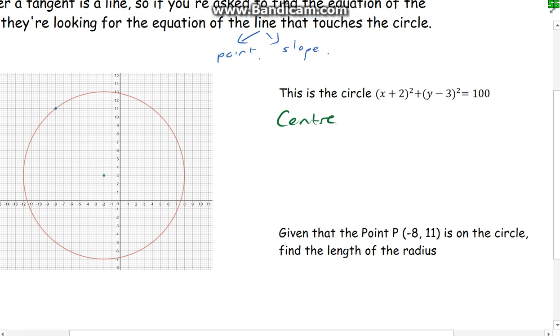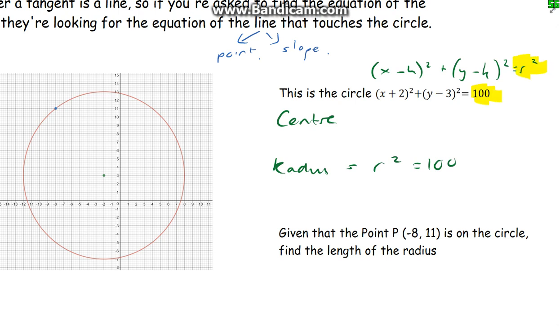So we know our formula for the circle is (x - h)² + (y - k)² = r². And we find the radius as well as the centre. Radius is really easy. We know r² is equal to 100, because r² is the place where 100 is. Therefore, r is equal to root 100, r is equal to 10. That's really straightforward.